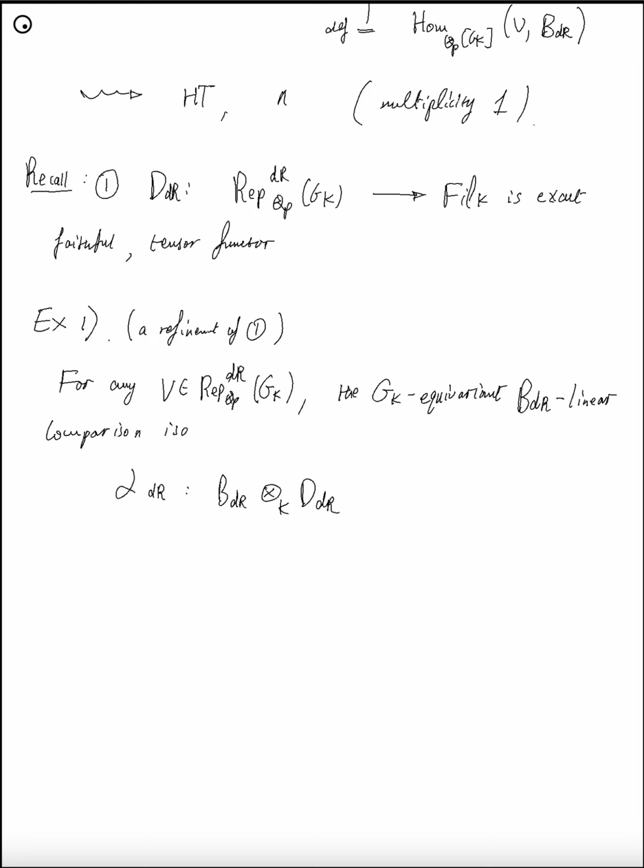If that is the case, we define W to be B_dR-admissible, and in that case W is called a de Rham representation.